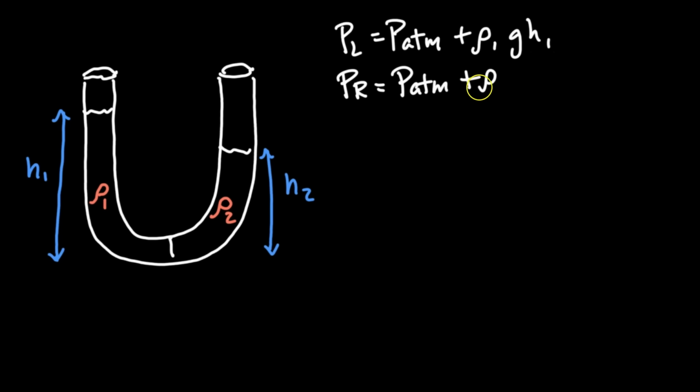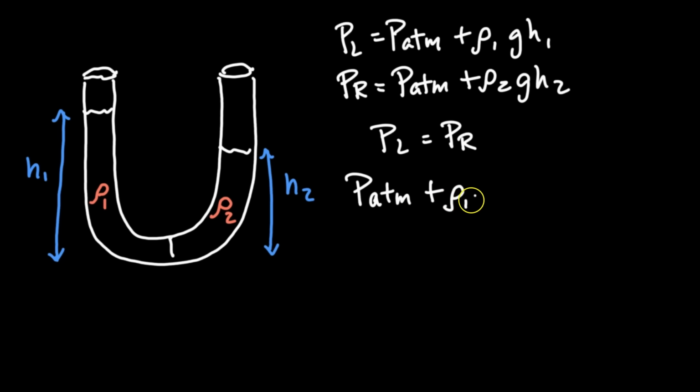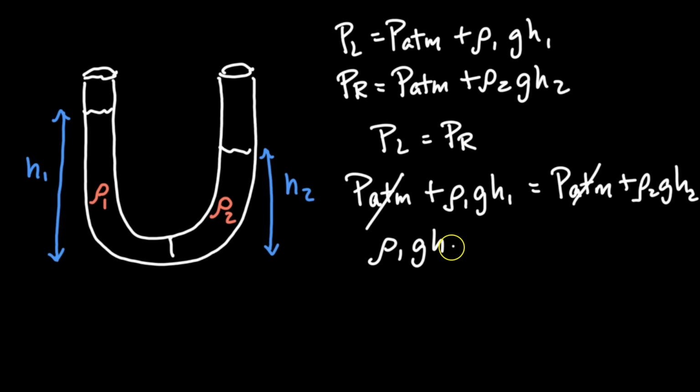At the bottom of fluid 2, the pressure is equal to atmospheric pressure plus rho 2 g H2. Since PL is equal to PR, we can state that the atmospheric pressure plus rho 1 g H1 is equal to atmospheric pressure plus rho 2 g H2. Notice that the atmospheric pressures cancel out and we get rho 1 g H1 is equal to rho 2 g H2.